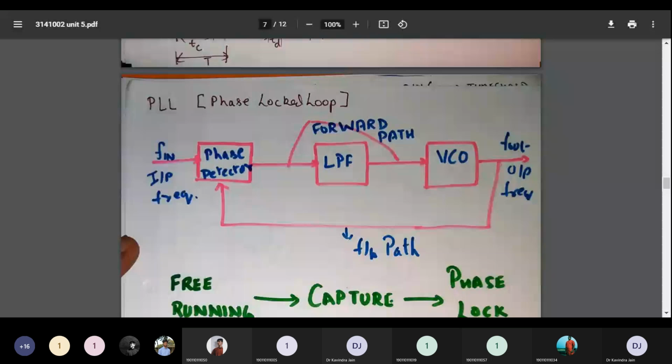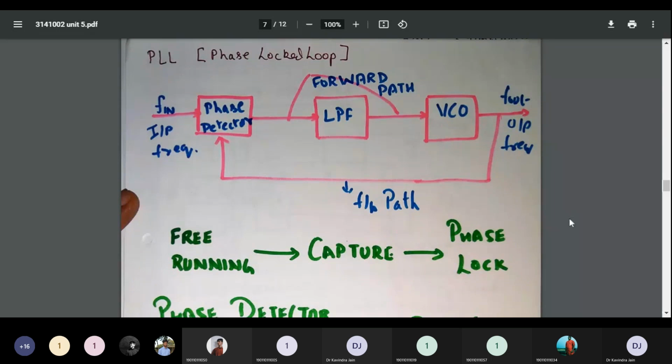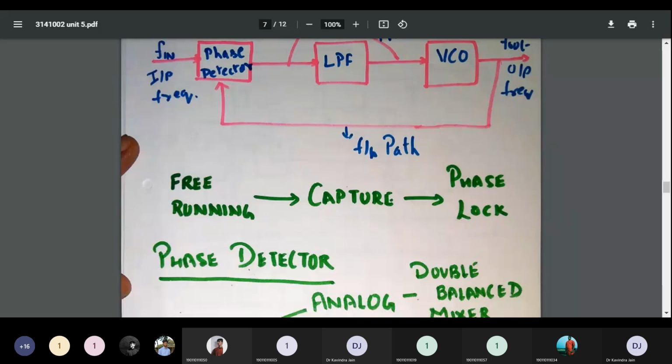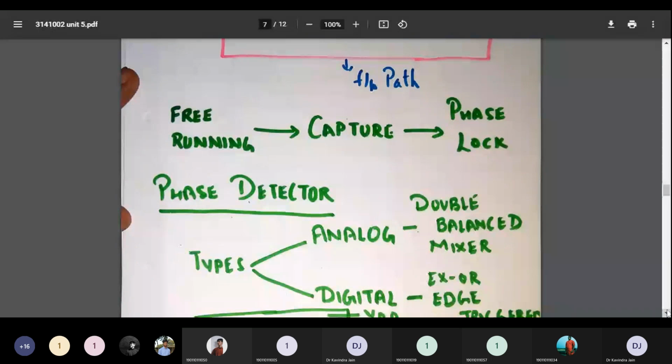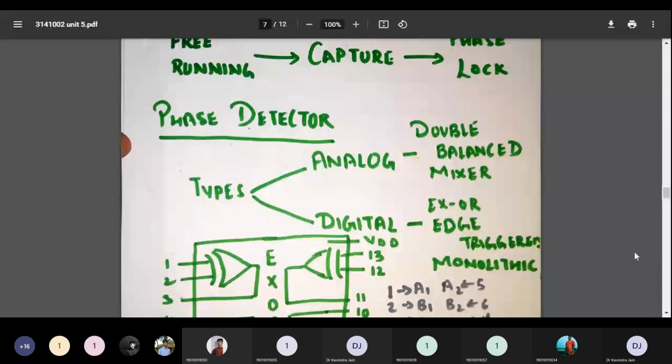For analog based, the category is the double balanced mixer. And for digital based, there are three categories: XOR, edge triggered, as well as monolithic.